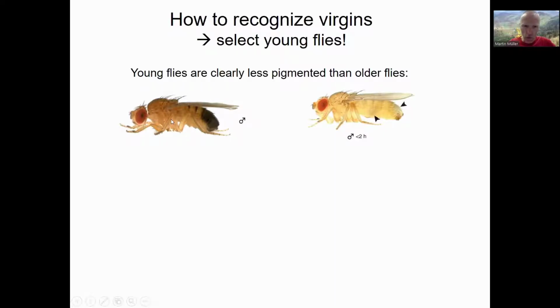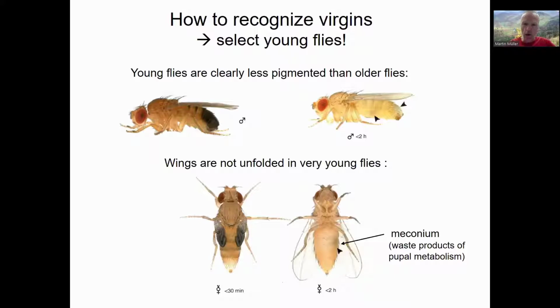So here are shown two males, an older male with the full pigmentation, and this is a male which is less than 2 hours old, and you can see that the pigmentation of the body is clearly less than in older males. The same is also true for females. In addition, if you are collecting virgins or males and you want to be sure that they are young, you look that pigmentation is not there yet.